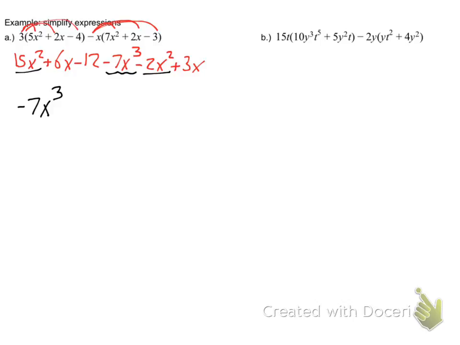There's 15 of them minus 2 of them. 13. It's 13 of them. X is 6 of them plus 3 of them gives me 9x. Minus 12. Done.